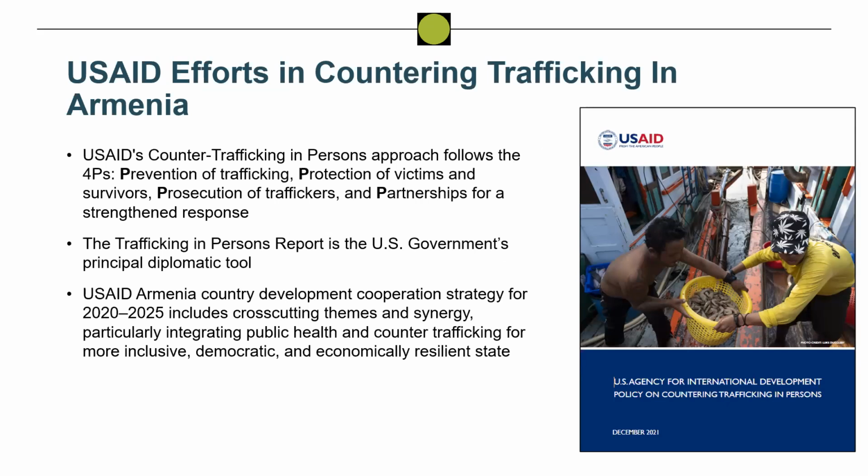The Trafficking in Persons report is produced annually and is the US government's principal diplomatic tool. In Armenia, USAID's country development cooperation strategy includes cross-cutting themes and synergy, particularly in integrating public health and counter-trafficking for a more inclusive, democratic, and economically resilient state.